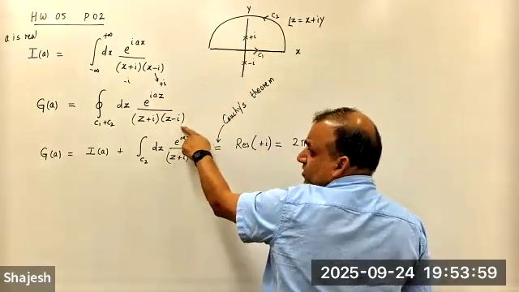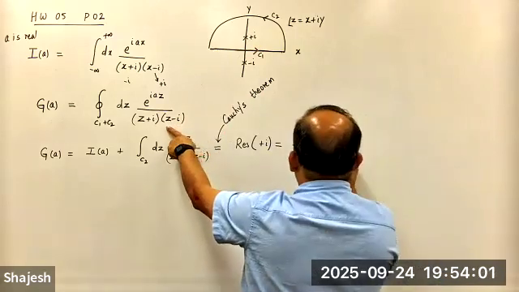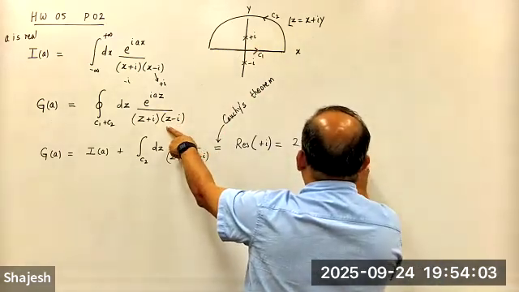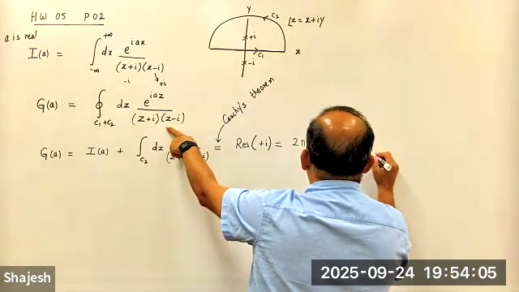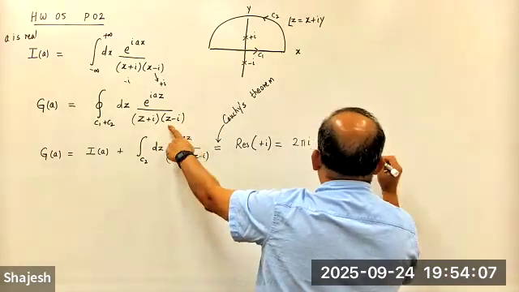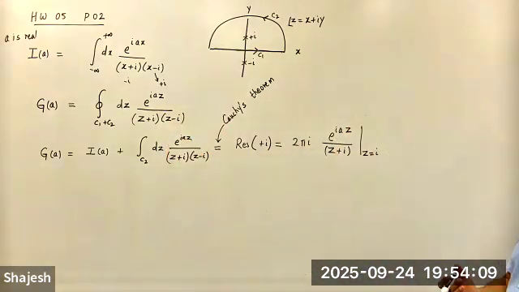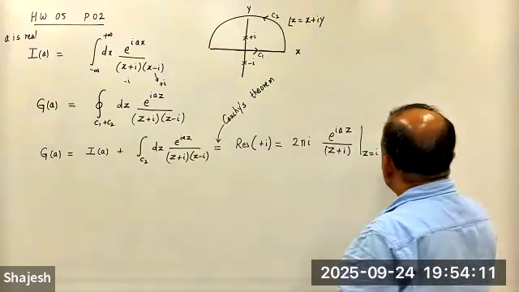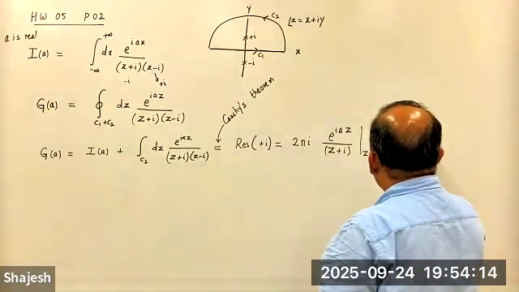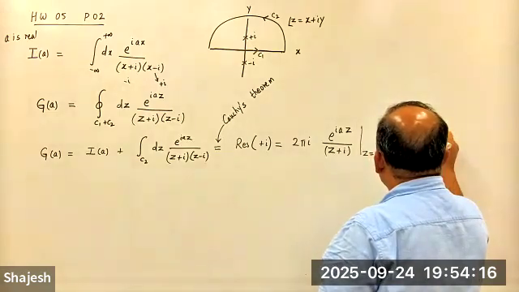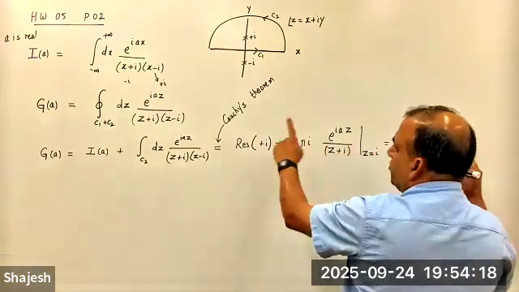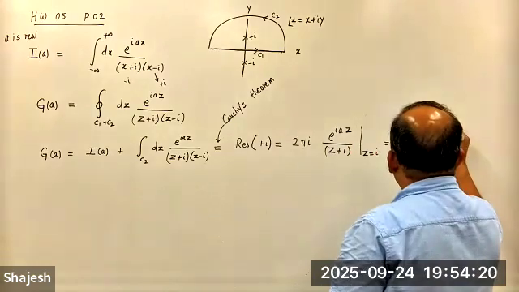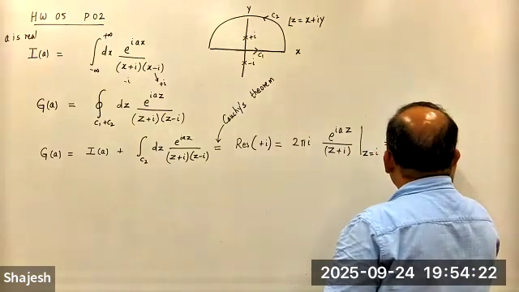I have to hide this part here. So it is z plus i that remains, and evaluate it at z equal to i. Correct. That's equal to 2 pi i e raised to i a, z is i, so that's i squared, divided by 2i.